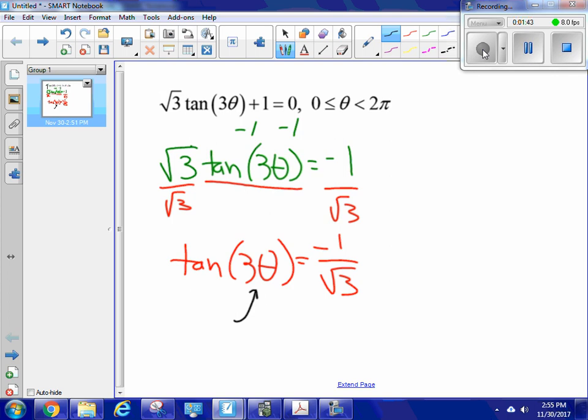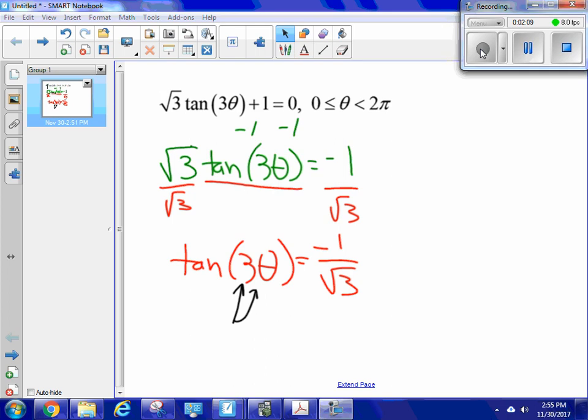But this 3 right here, this omega, is changing the period of my parent function of tangent theta. It's making it happen a lot more frequently than the regular parent function of tangent. So it's likely that I'll have more answers than I would if I was just going around the unit circle one time.